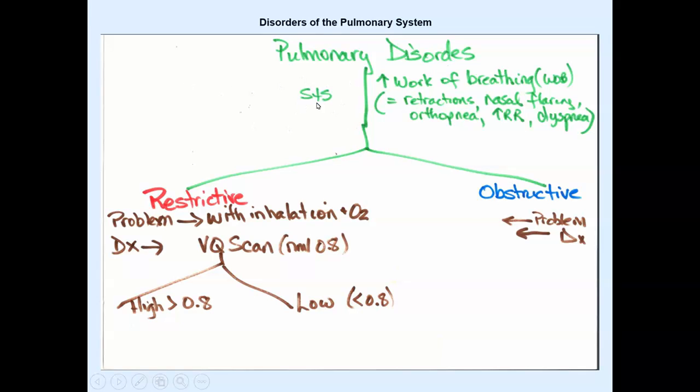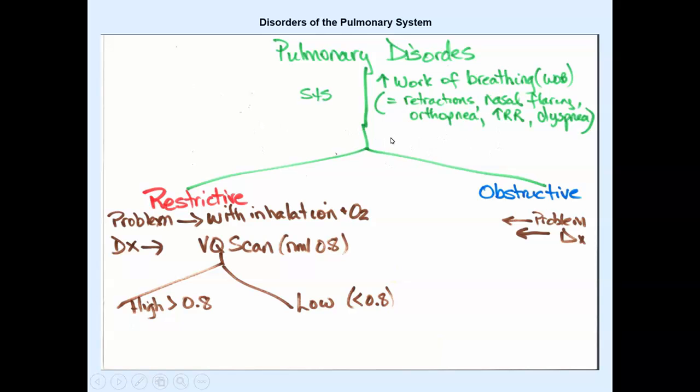Our patient presents with signs and symptoms of increased work of breathing. There were several different signs and symptoms, but it doesn't matter. They come in with some kind of sign and symptom of increased work of breathing as identified when the nurse or healthcare provider assesses the patient.